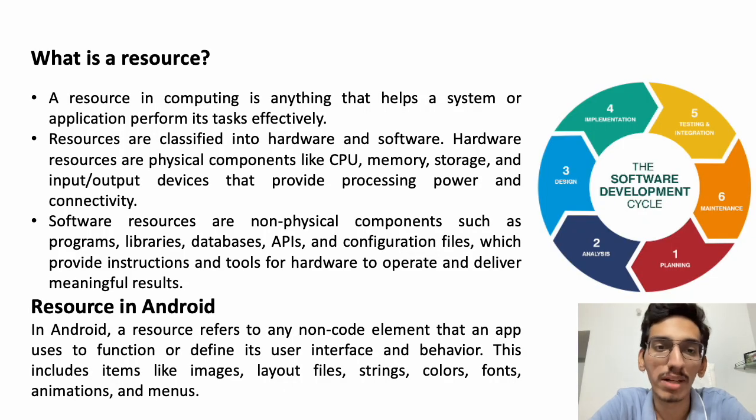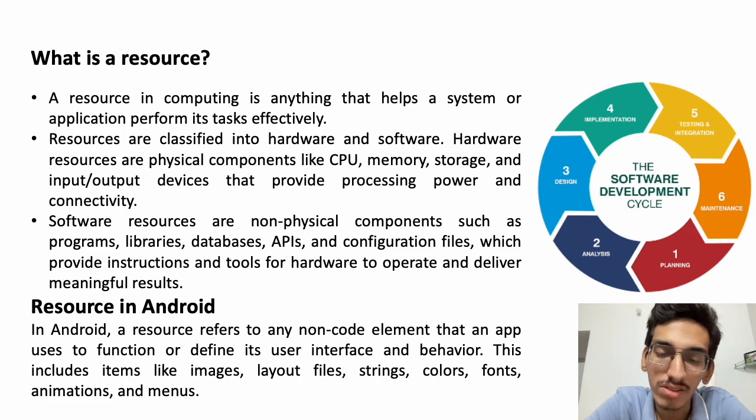Before understanding what is meant by a resource in Android, we'll try to understand what is meant by a resource in general terms in computing. In computing, a resource is anything that helps the system or an application to perform certain tasks. Resources can be divided into two types, that is hardware and software.